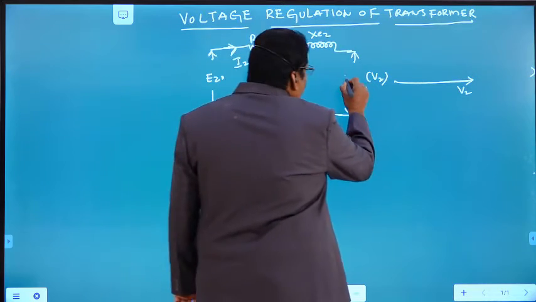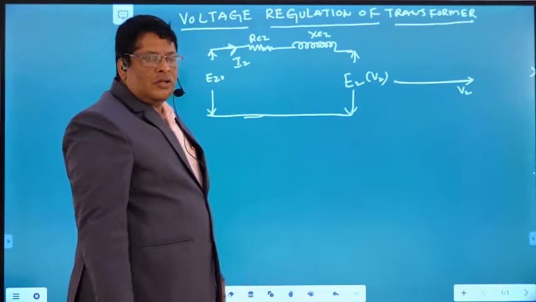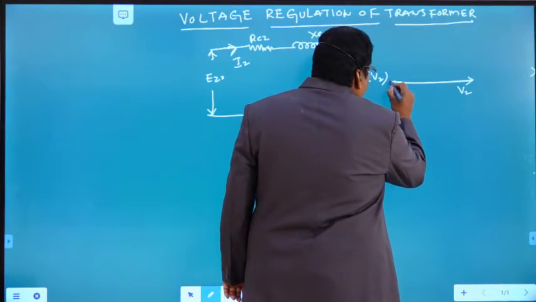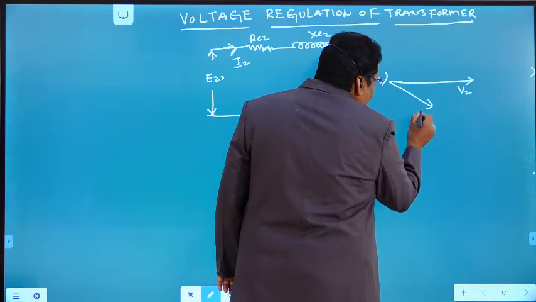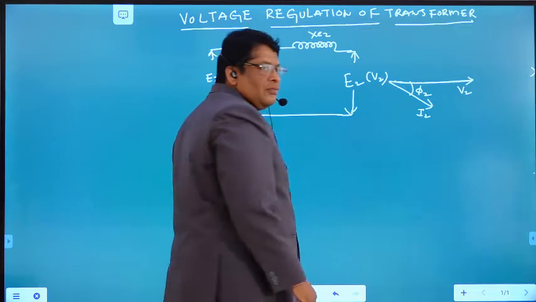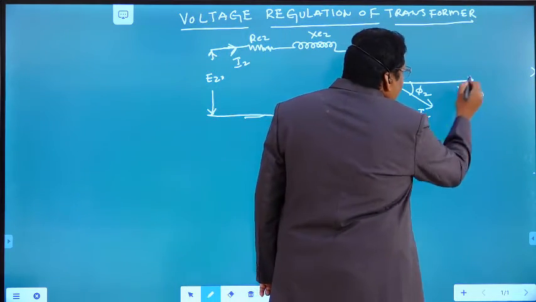We have taken the reference phasor as V2. The current lags the voltage by an angle because we connected a lagging load.